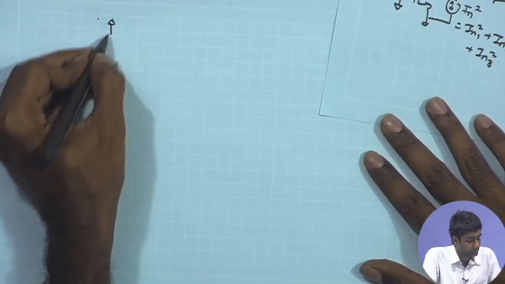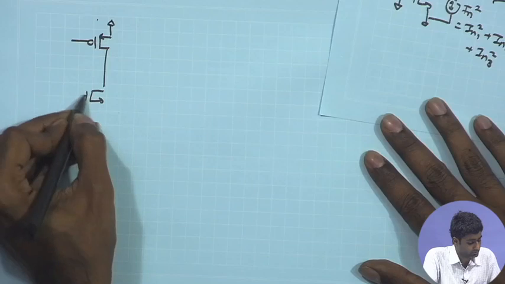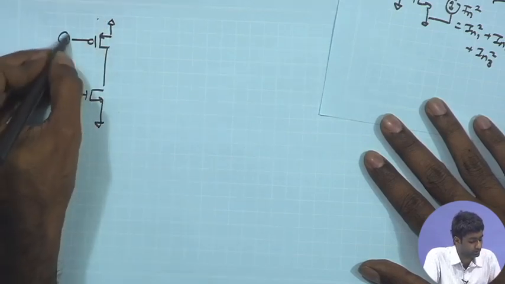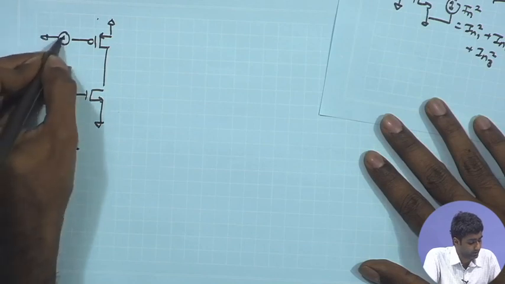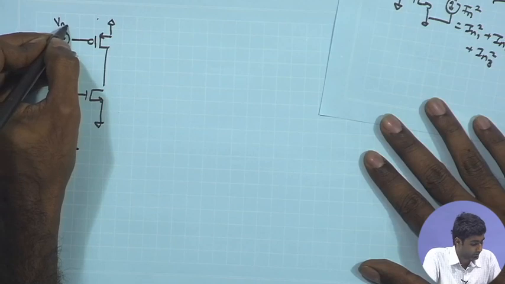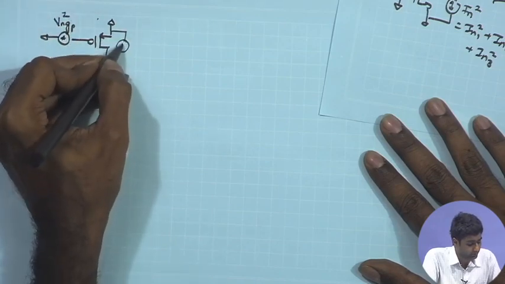For the active load, once again I can put a PMOS and an NMOS and then look at their combined noise voltage sources. So, once again I am going to have the Vn, we can call it Vng P square, and then you have the channel current of the P MOSFET.